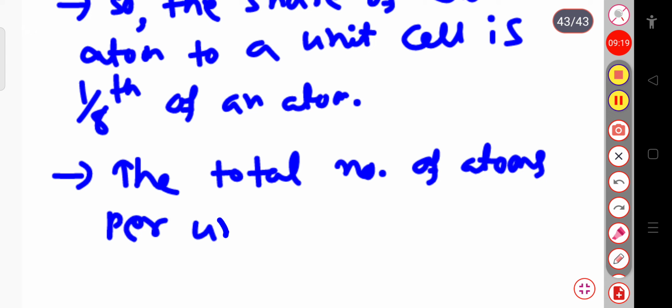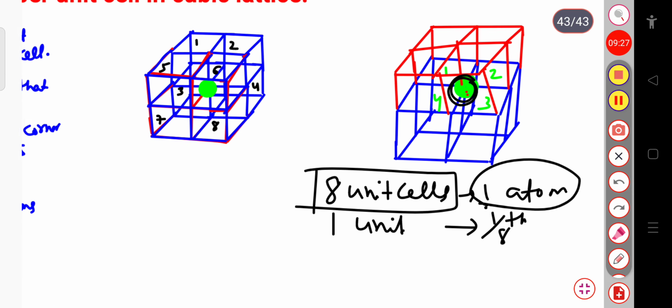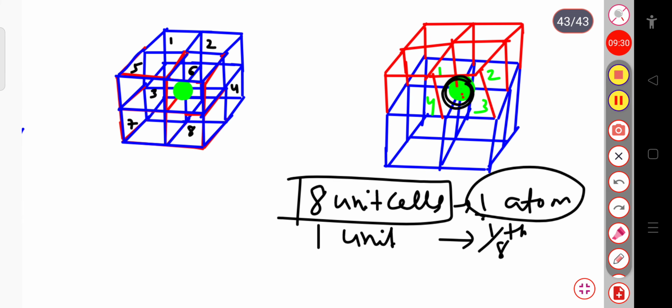now I will explain this. See here in this diagram, what I have told you, this single atom is being shared with the 8 unit cells. So I can say that in 1 unit cell, for this corner atom only 1/8 part of the atom is present.